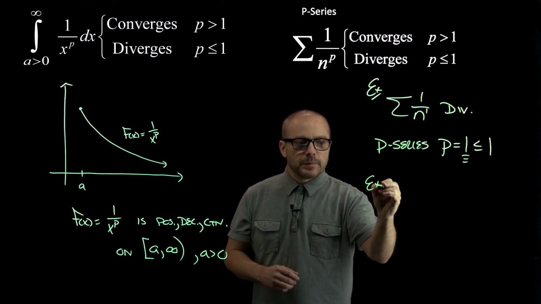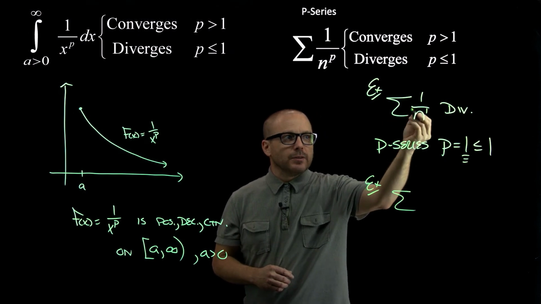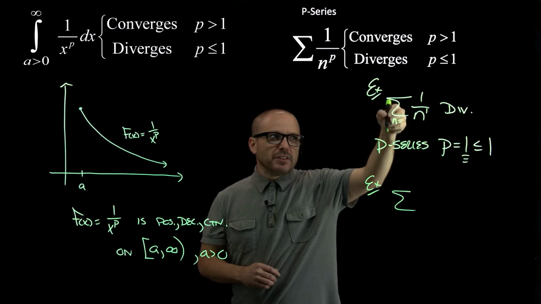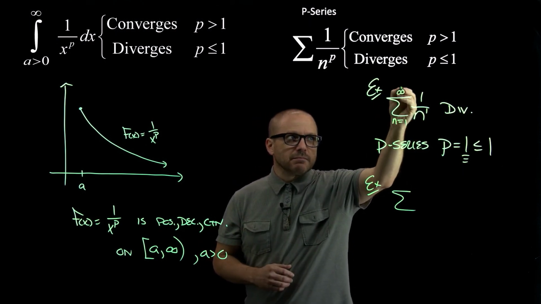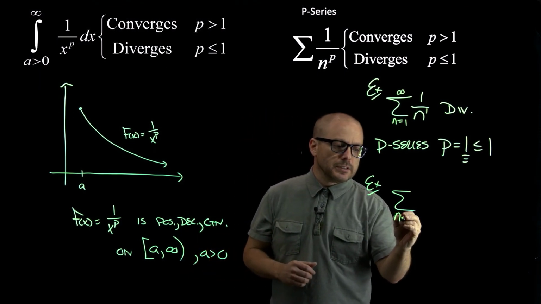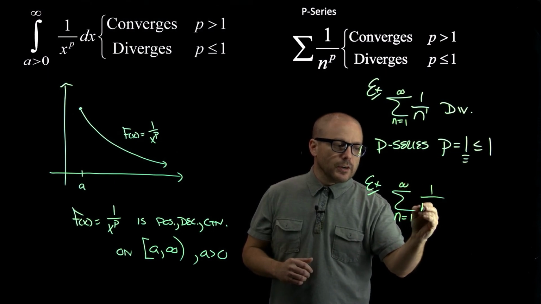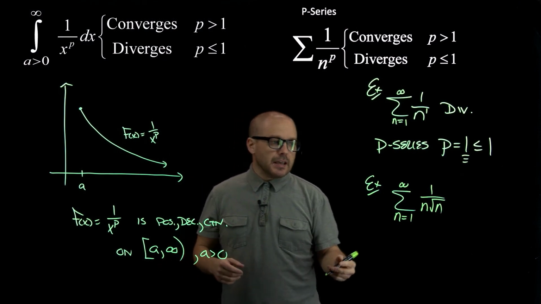Likewise, you could have something like, and it really doesn't matter where we start, right? Anywhere past 0. Typically, when we don't fill anything in here on the sigma, we just mean in general. Really, it doesn't matter where you start for convergence or divergence, but I'll fill it in. So say we go from 1 to infinity of 1 over n square root n. So we have a p-series again.